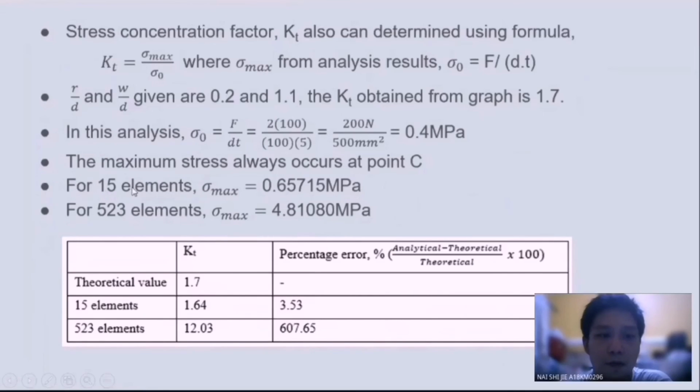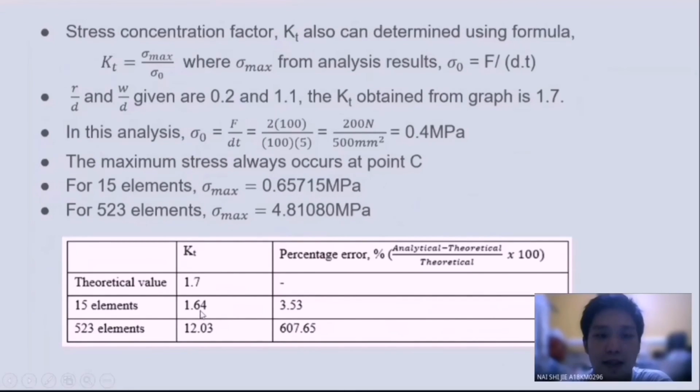For 15 elements used, we obtain that sigma max is equal to 0.65715 megapascal. For 523 elements used, we found that sigma max is equal to 4.810 megapascal. After that, we calculate KT for both cases using the formula sigma max over sigma naught.